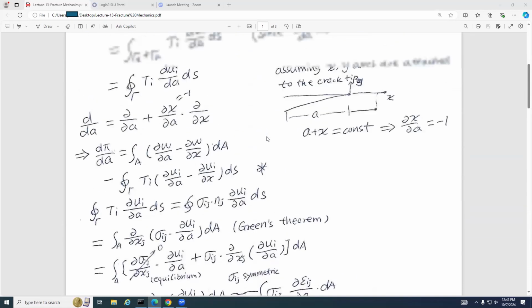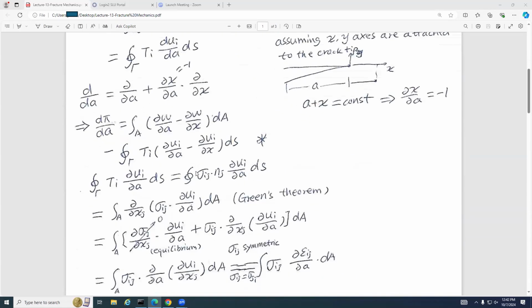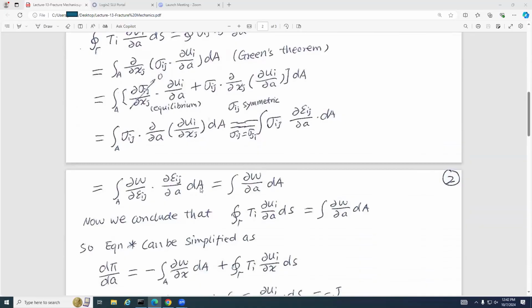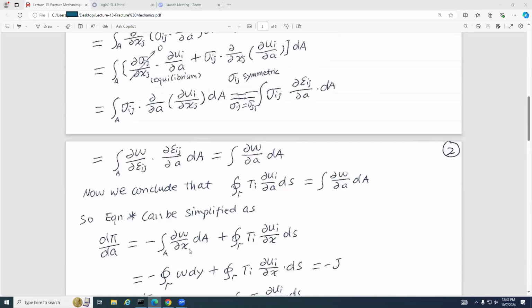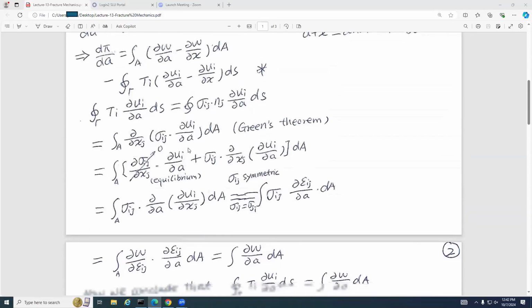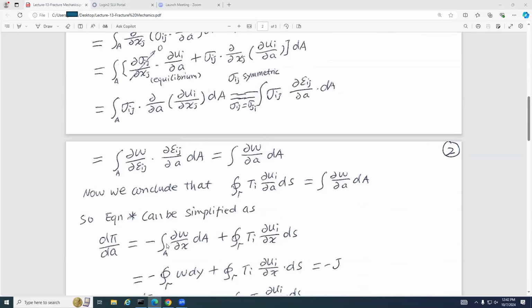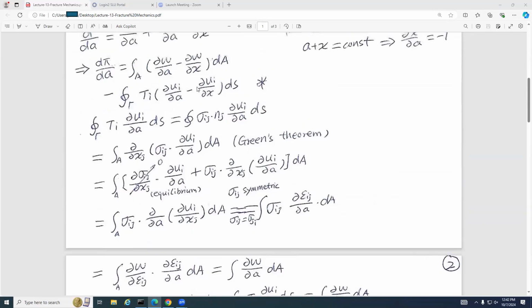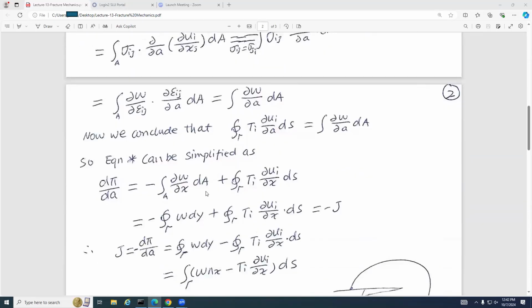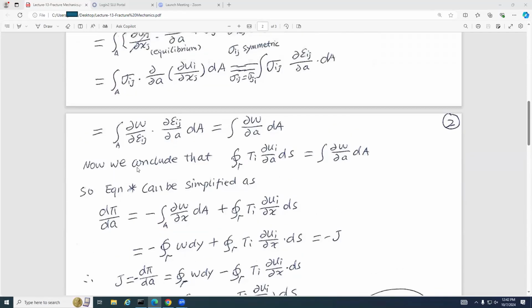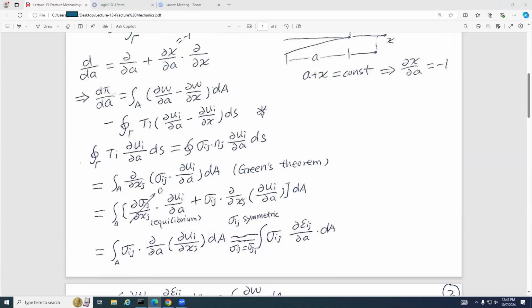Now this equation star can be simplified as this one plus this, with d omega dA and d omega dx.